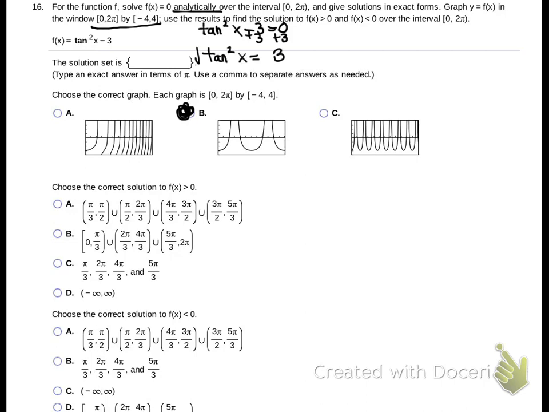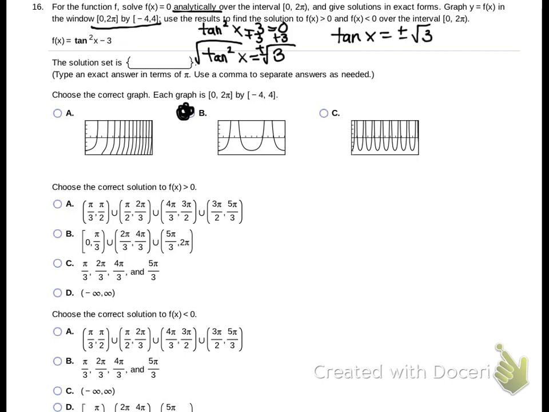We have to square root, but when we introduce the square root, we must include plus or minus. So tangent of x could equal positive or negative radical 3.